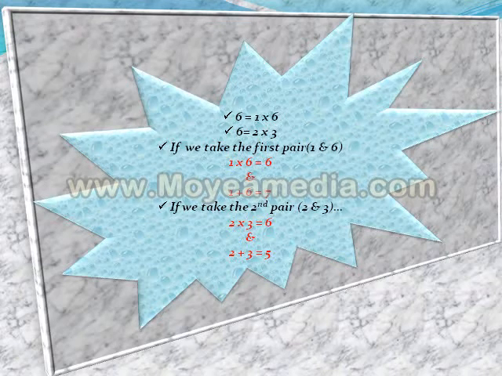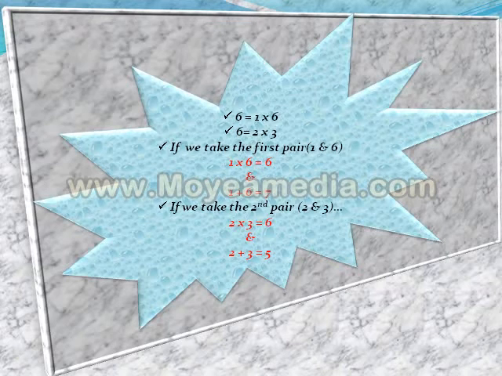Remember what the condition was: when these two numbers are multiplied with each other, they must give us the product AC, which is 6. So 1 into 6 is equal to 6. The first condition is satisfied. The second condition was that if we add the same two numbers, we should get the coefficient b of x. So 1 plus 6 is equal to 7.